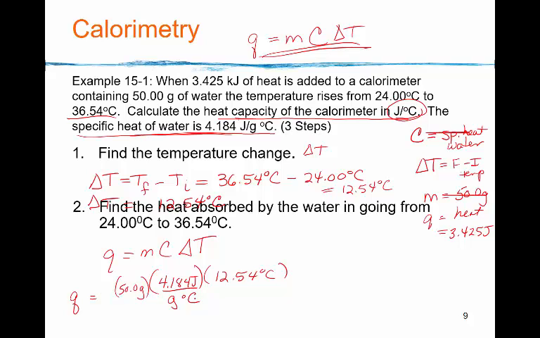So the C's will go away, the joules won't go away, the grams will go away, and I'll be left with joules. Okay, so 50 times 4.184 times 12.54 is going to give me approximately, when you work this out, 2623, and I know there's decimal places, but that really doesn't bother us, joules.